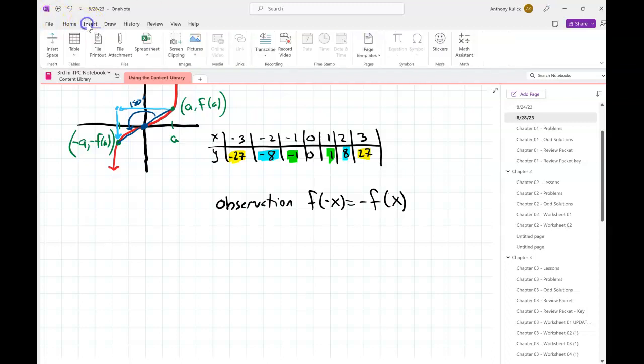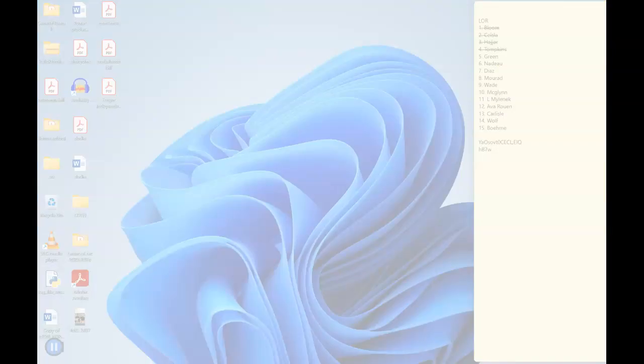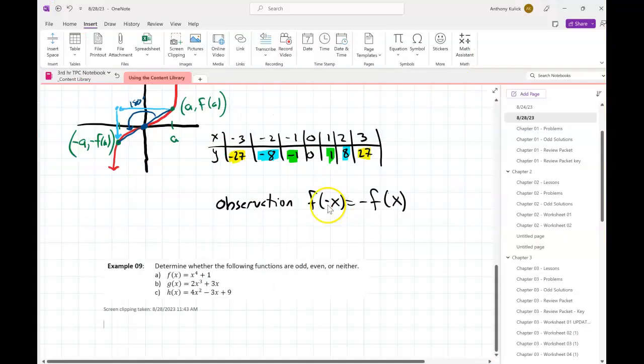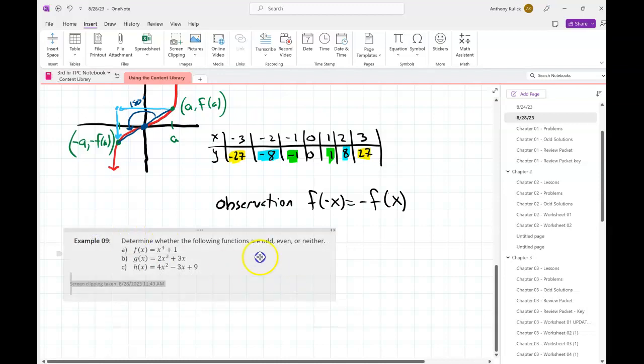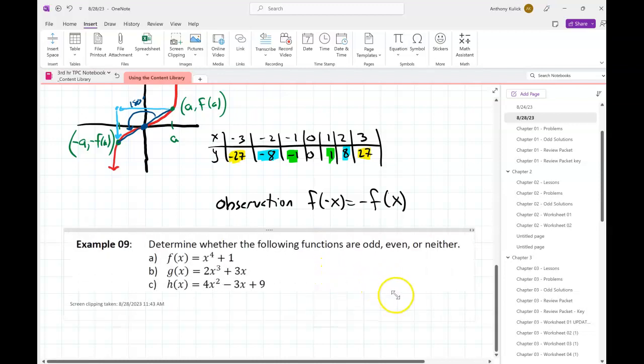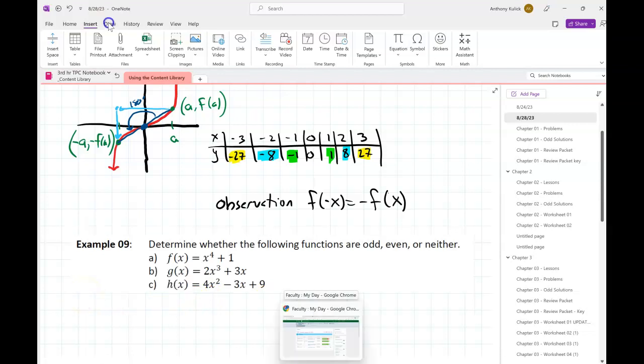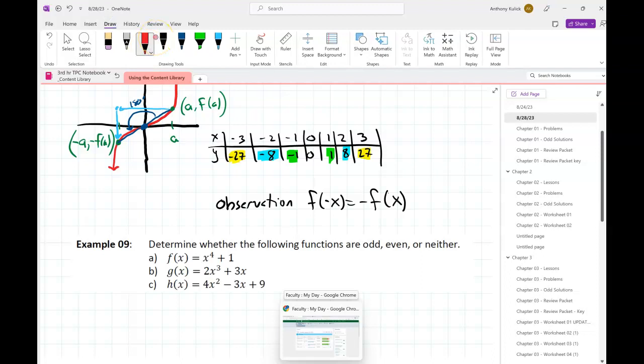Let's just do that easier. So I'm going to add a little addition here to our instructions.